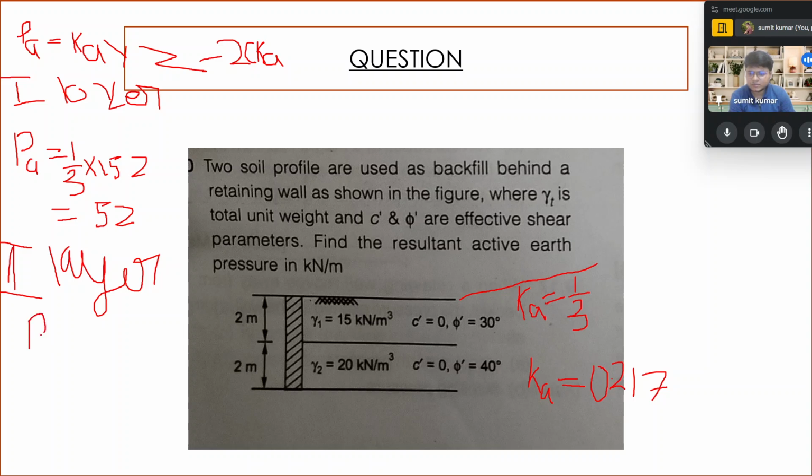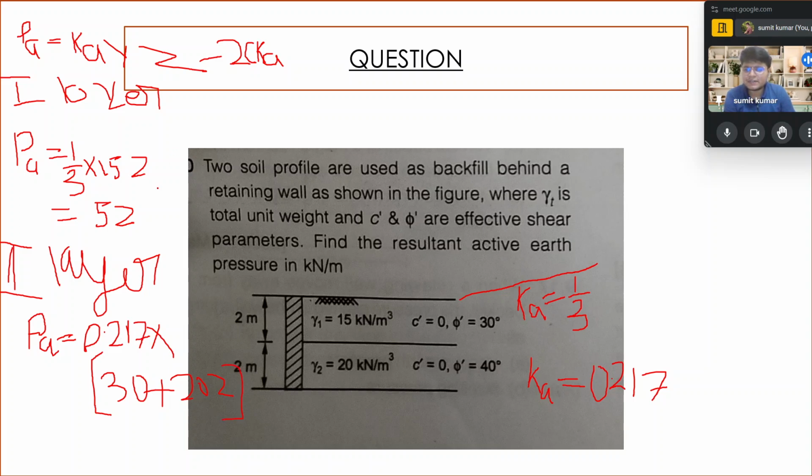E is going to be 0.217 multiplied by 15 into 2, that is 30, plus 20Z.